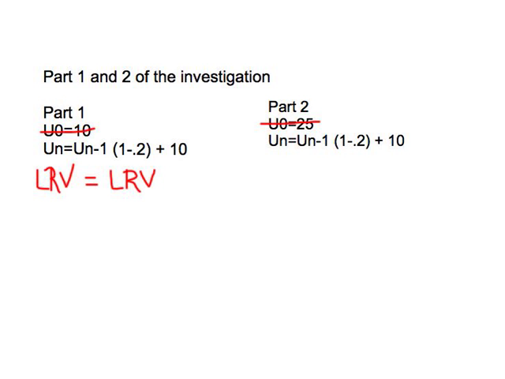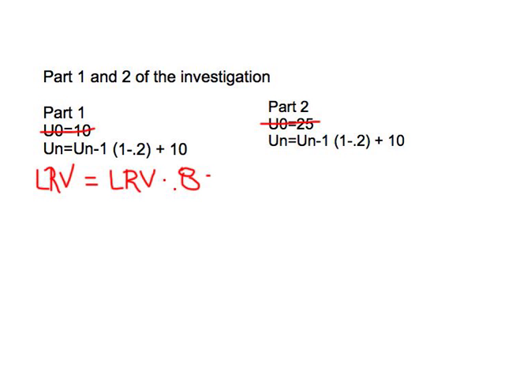Whether it's the 99th term or the 98th term, it'll still be the same number. So let's pretend that it is the LRV, the long-run value. Now, let me simplify this a little bit. 1 minus 0.2 is the same thing as 0.8.